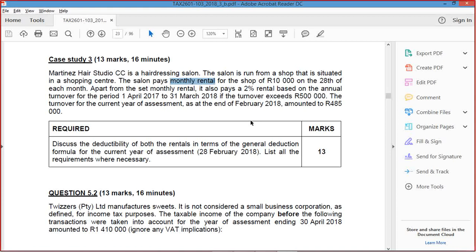Okay. So if it's not capital in nature, there's no enduring benefit, right? So talk about the enduring benefit part. That's actually more important. Is there enduring benefit? No, sir. Okay, so if there's no enduring benefit, then this is considered income, not capital. Yes, sir. Okay, perfect.